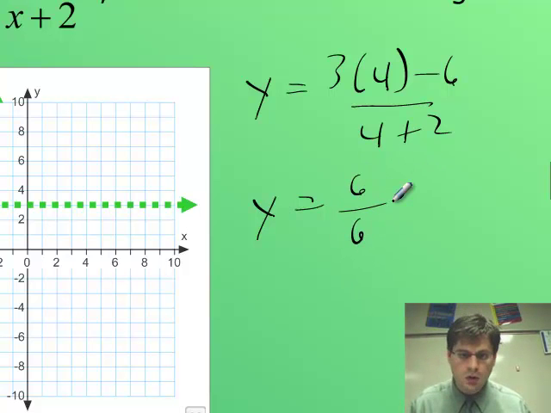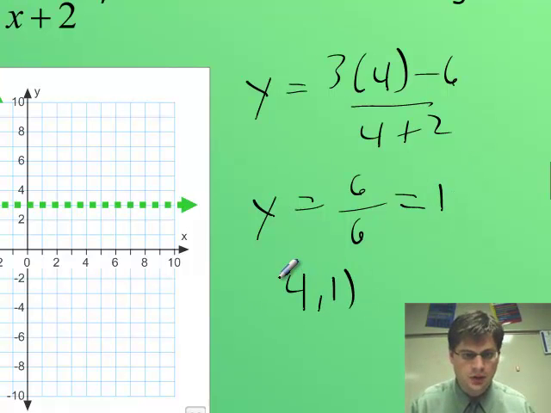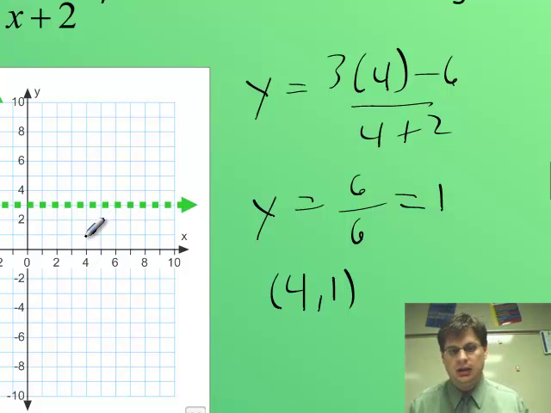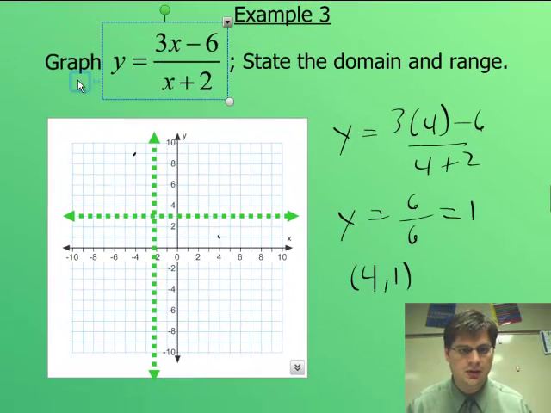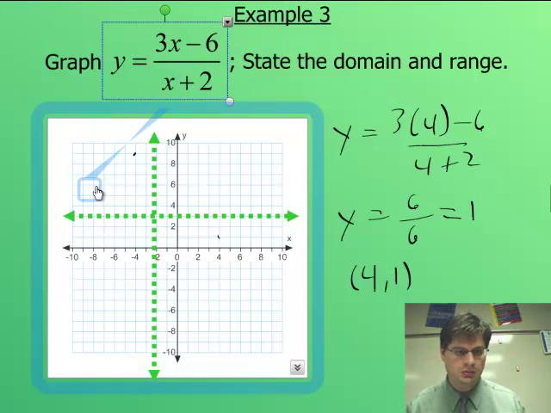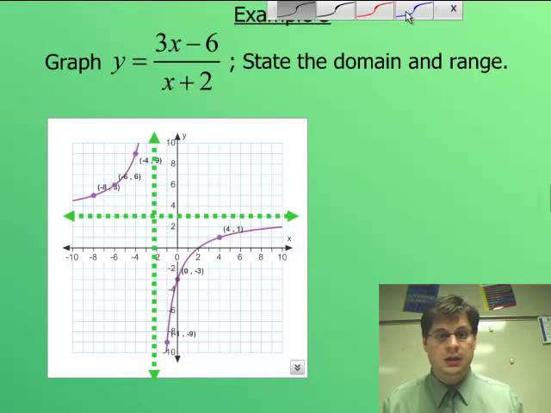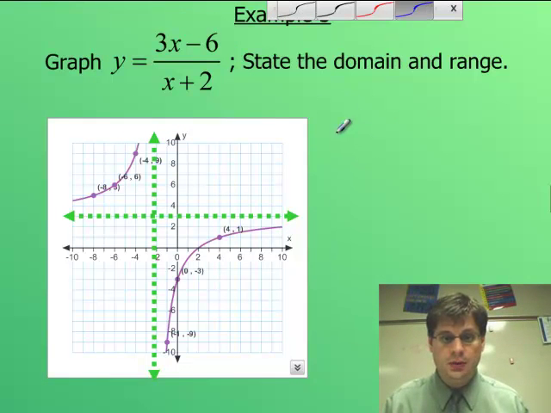So that will be 1. So that point will be 4, 1. And so I'd put that point in right here. And anyway, you'd come up with 2 points for both branches, and it should look like this.